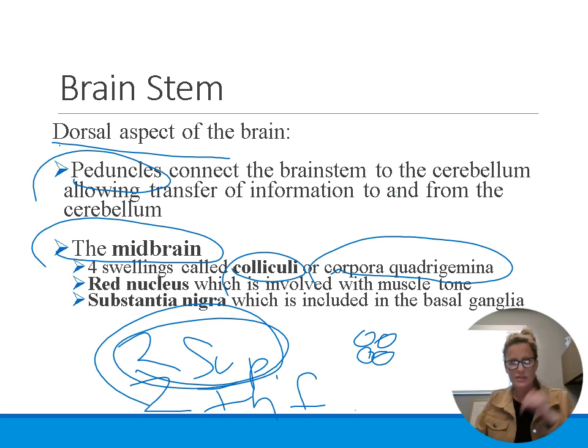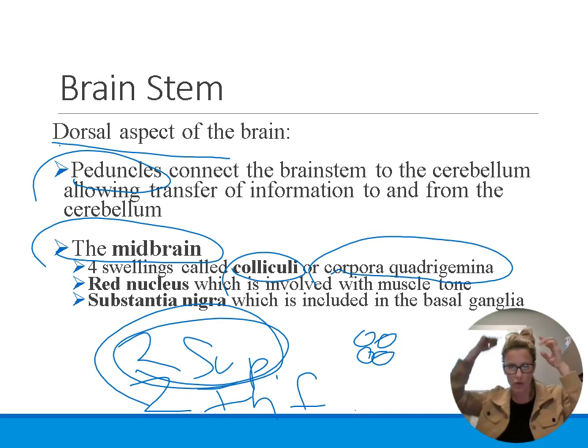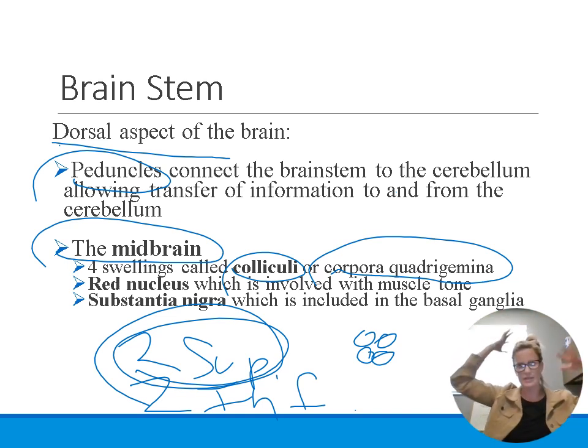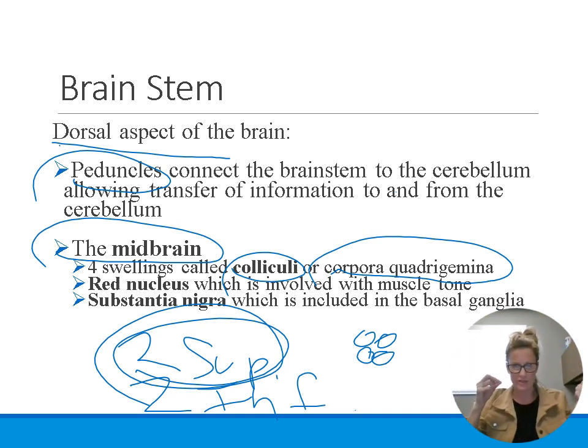That reflex is controlled by the superior colliculi. Because it's a reflex and it's fast, the visual info comes in and you automatically have motor info that goes out. It doesn't have to come all the way up to the cerebrum and get processed and sent all around. It's a fast reflex.